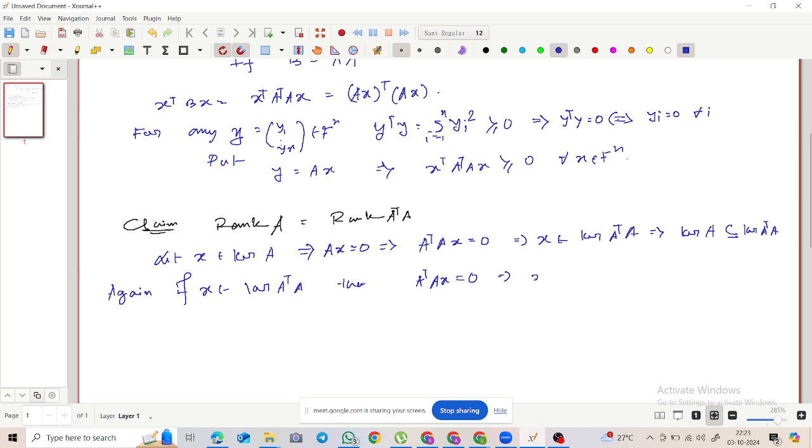That implies, from this, we write Ax is 0.